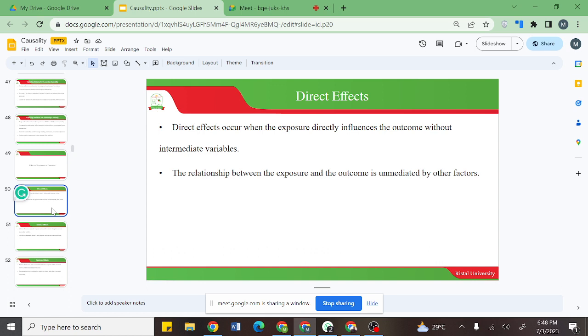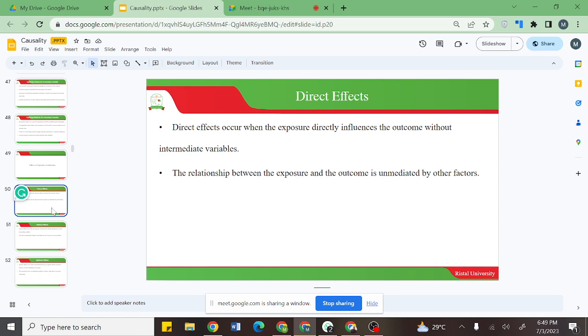What are those relations? So, for example, you can have an exposure Y that causes a disease Z directly.